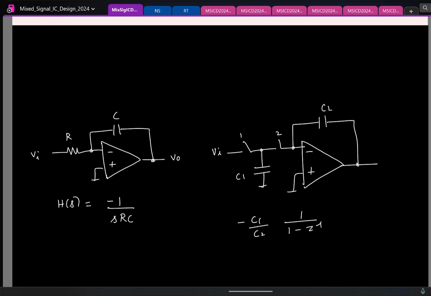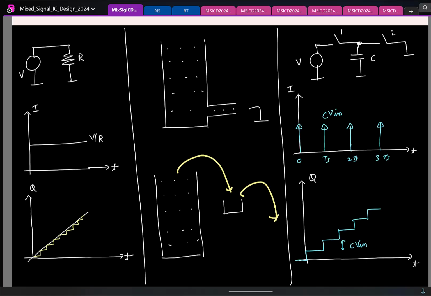And one last thing I want to point out, a fine point in this. So here, yeah, this is the current waveform. Remember, the input is a DC voltage, whereas the output current contains an impulse train. So if I look at its frequency spectrum, what all frequency components will I see?